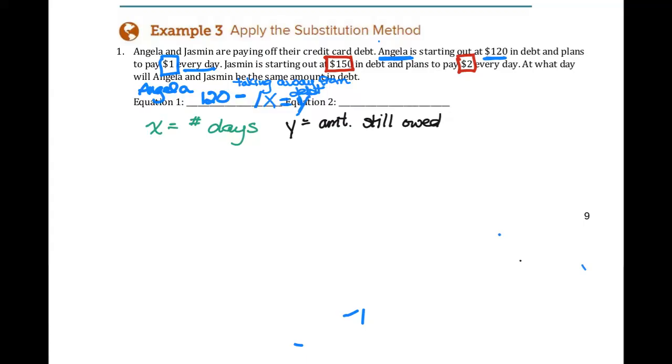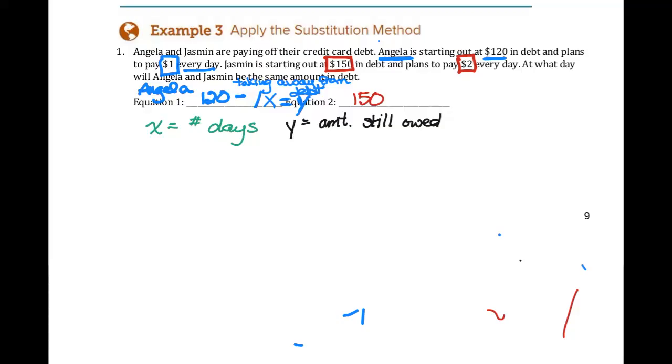All right, so let's talk about Jasmine. Talk to me about Jasmine. How is she starting out, Sherlyn? Okay, how much is she in debt initially? Says she is starting out at how much? So 150, and she's not going to pay $1 down in debt.